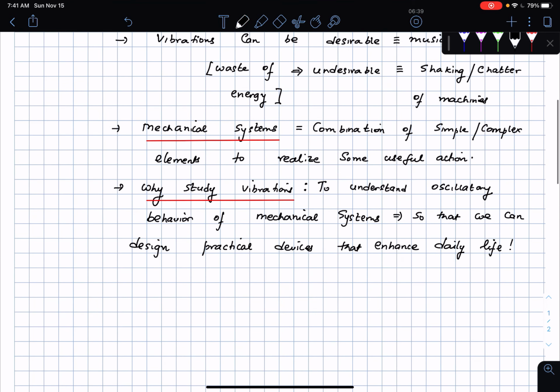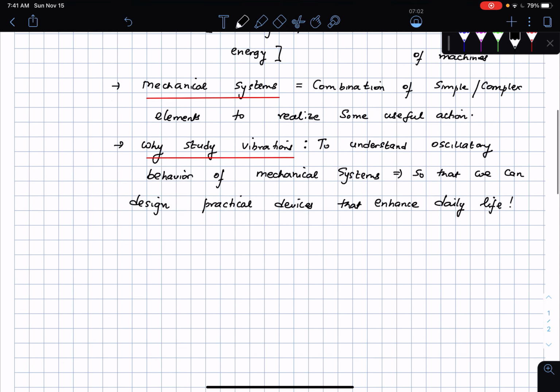Then what happens is that typically, as you realize, mechanical systems are very complicated, right? So in order to reduce the mathematical burden of looking at complicated things, we try to model mechanical systems using certain idealized elements such as springs and dampers. It makes it more mathematically tractable to study these complicated systems.